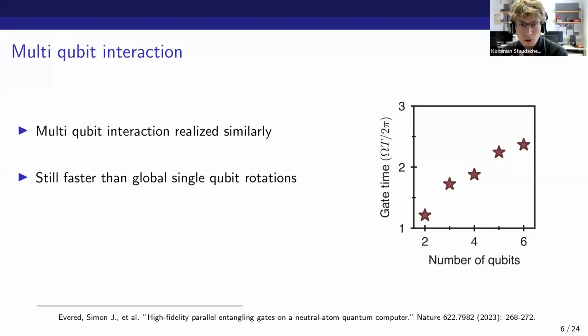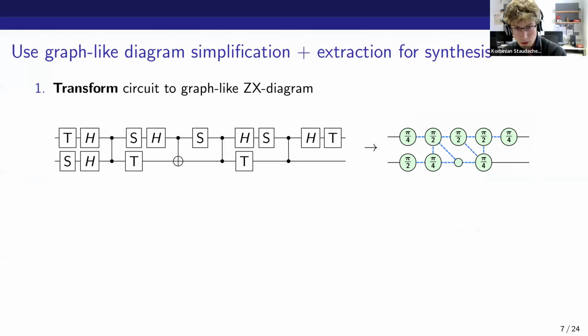Now we are thinking about how we can exploit this in a synthesis algorithm. And what we did was we used the known scheme of graph-like diagram simplification and extraction of gates based on ZX calculus. And the scheme, I think, came out already 4 or 5 years ago.